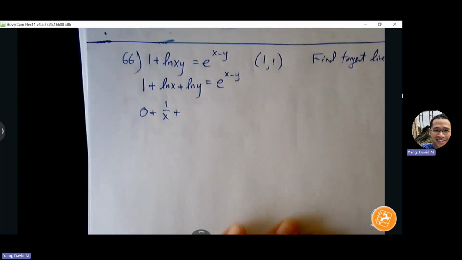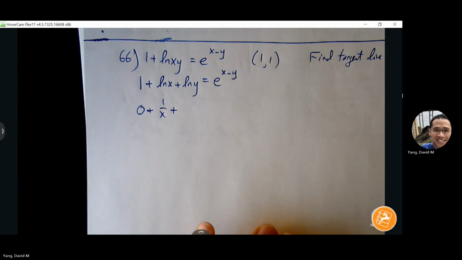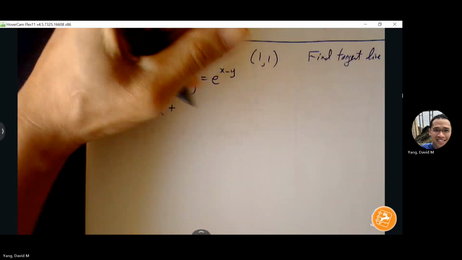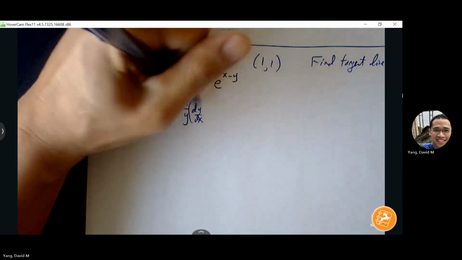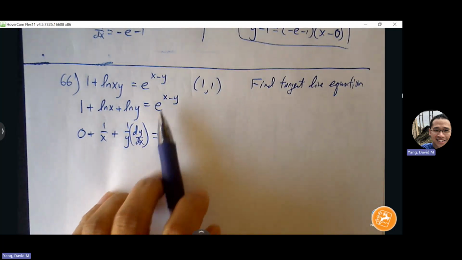Okay, natural log of y becomes... good. Okay, e to the u becomes e to the u times u prime.